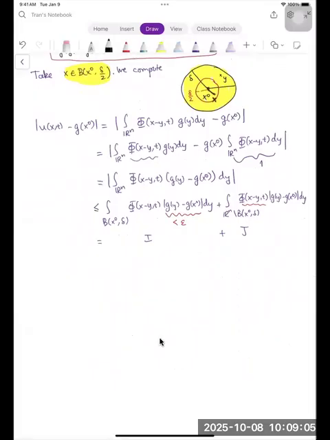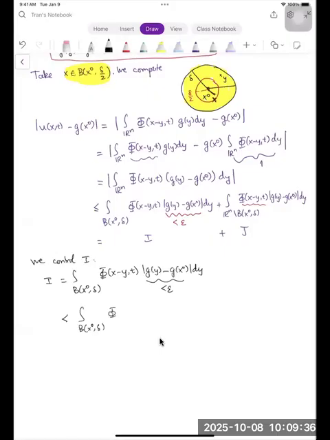So we control I first, right? I equals the integral in this ball. Because this is less than epsilon, I is less than the integral on this ball of phi of x minus y, t, epsilon dy.